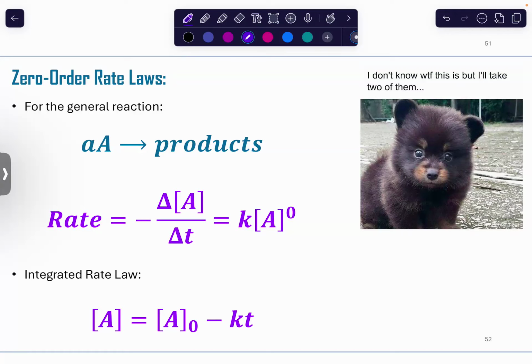Rate equals what? Forget the delta in the middle. Just look at the k times A raised to the zero. Anything to an exponent of zero is one. So your rate is k.